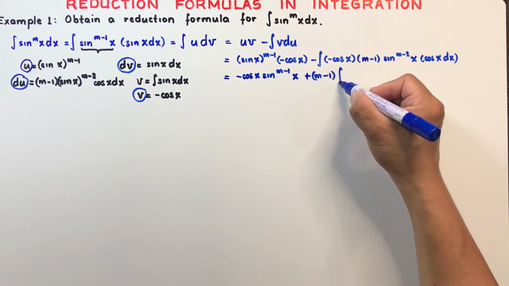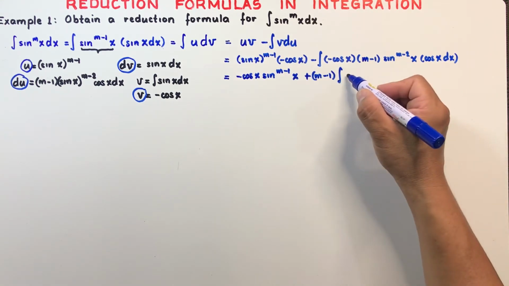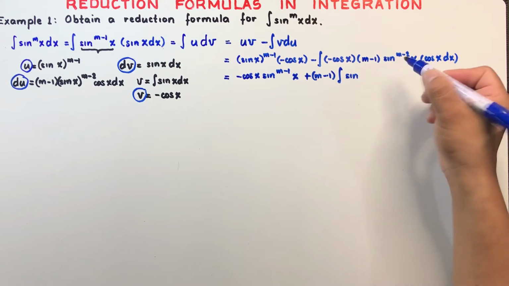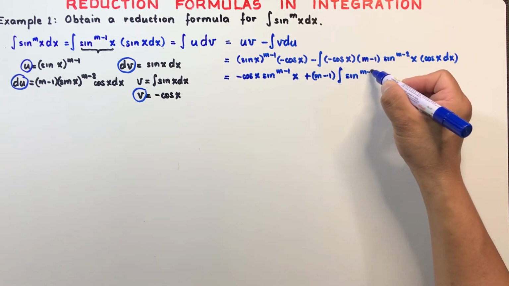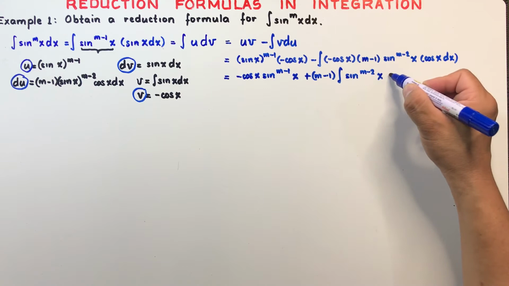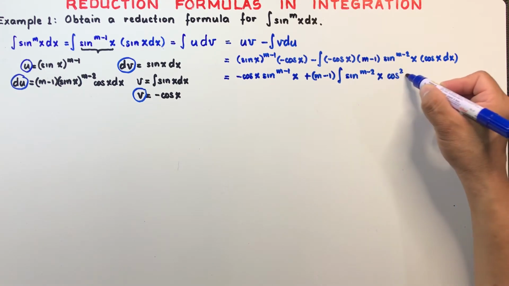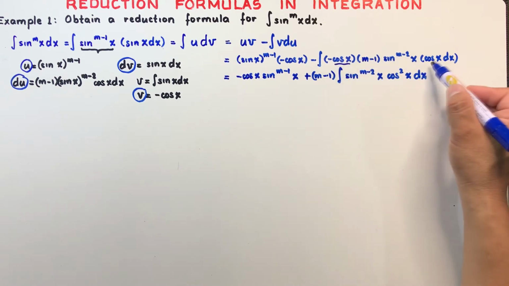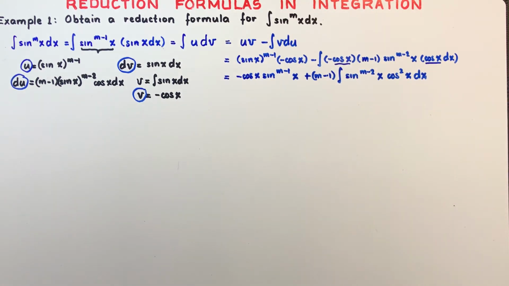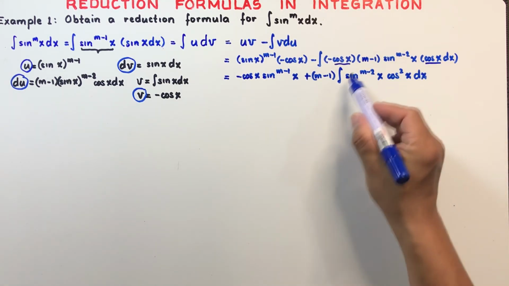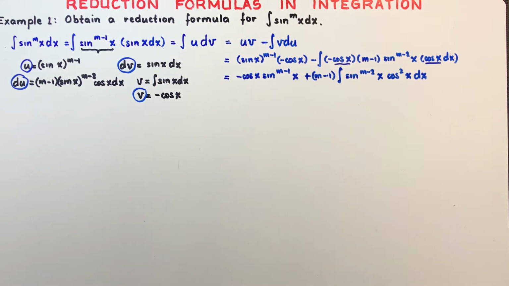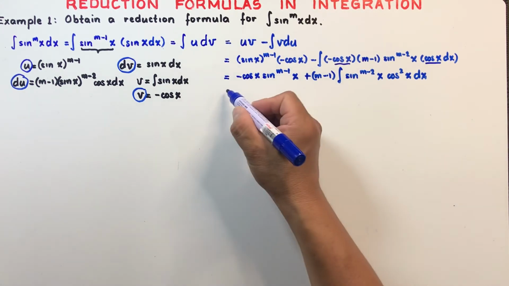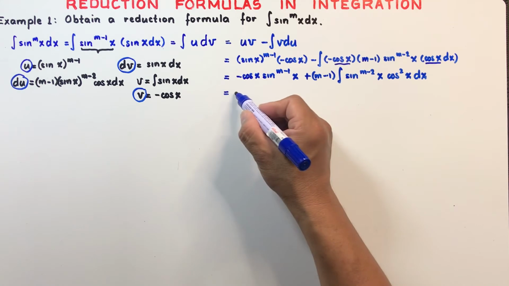So this is multiplied by the integral of sine to the power of m minus 2 x times cosine squared x dx, because we have two cosines here. So cosine x times cosine x is cosine squared x. But this integrand needs to be simplified in order to integrate, and to do that is to apply trigonometric identities.